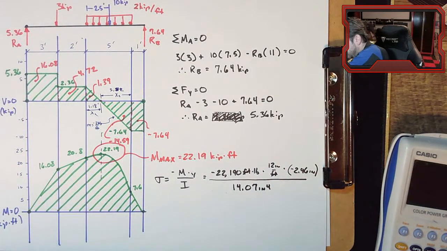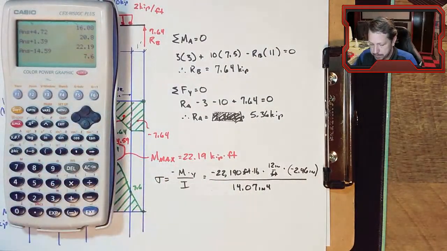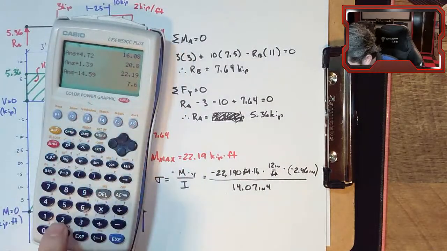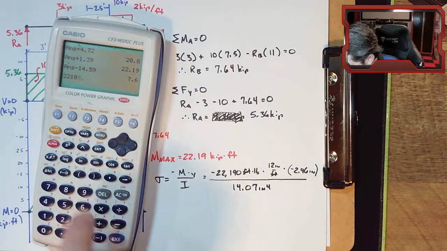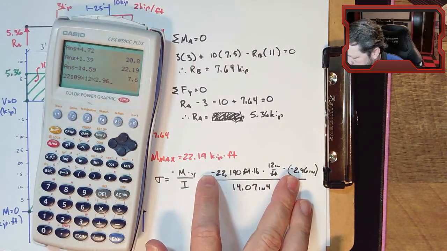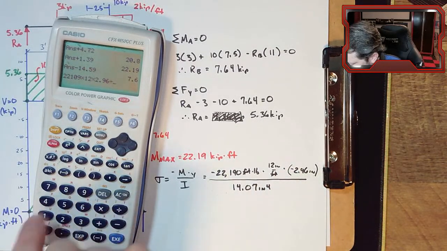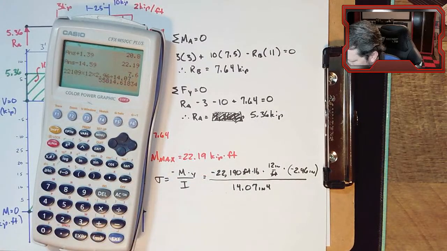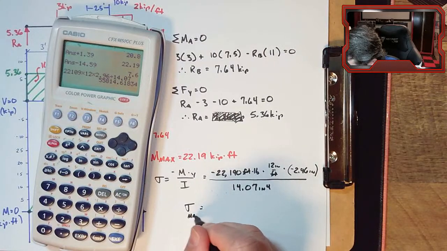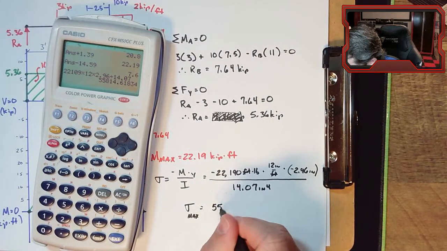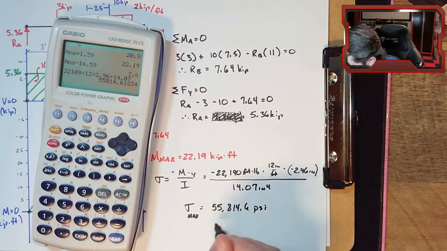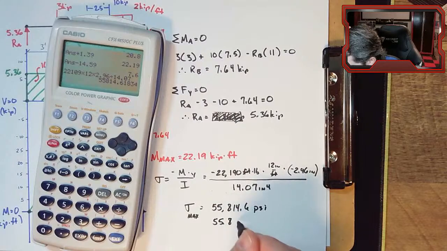So all of this will tell us the maximum flexural stress in our beam, and it will be 22,190 times 12 times 2.96. The negatives cancel each other, or they become positive, divided by 14.07. Oh, that's a big number. All right, sigma max is 55,814.6 psi. So 55.8 KSI.